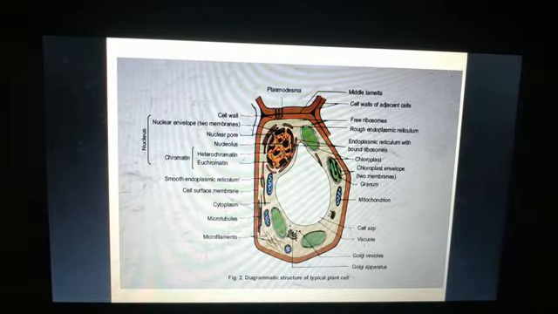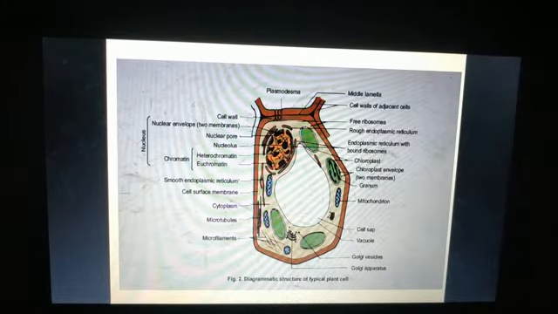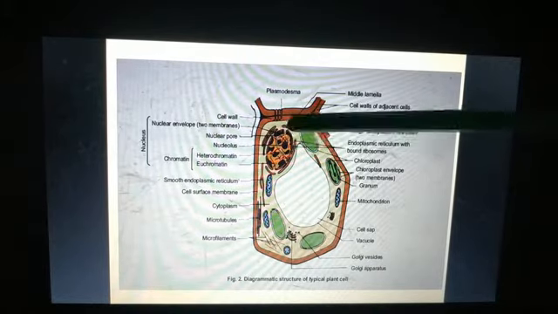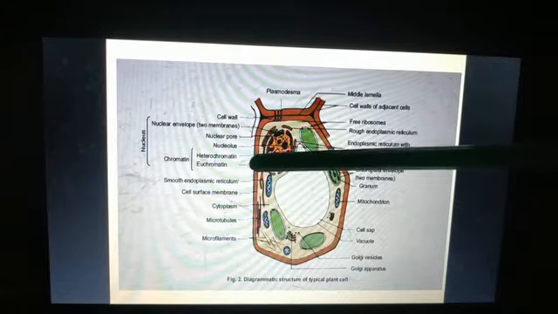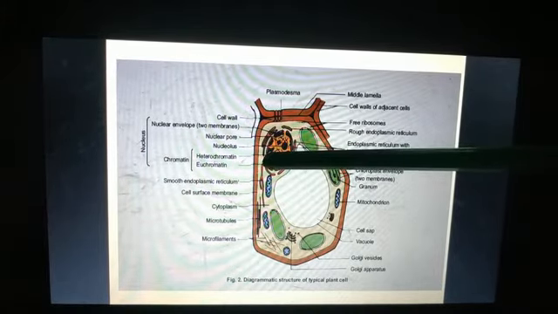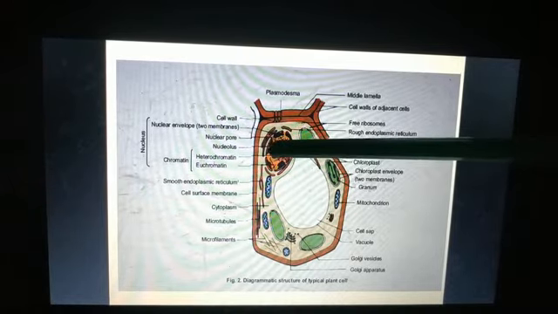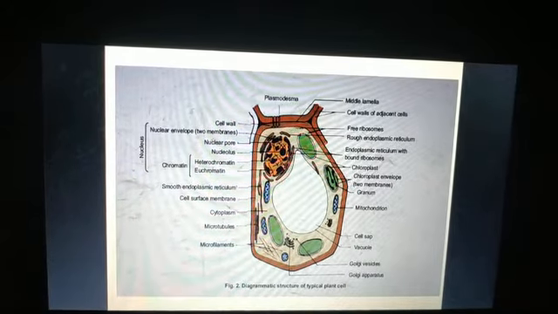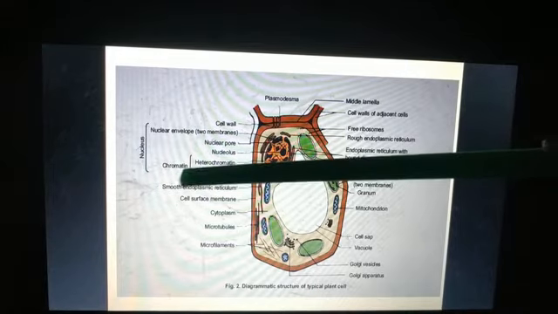The nucleus will be same as the animal cell. So it is a double membrane structure. Outer layer is the nuclear membrane. They have small pores for movement of substances between the nucleus and the cytoplasm. Inside nucleus, nucleolus is present, and chromatin fibers are present.